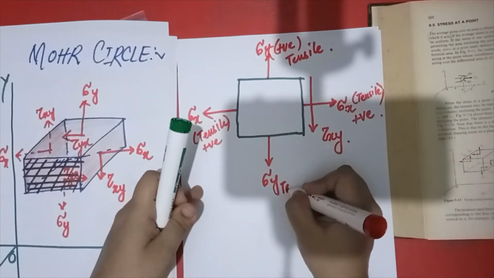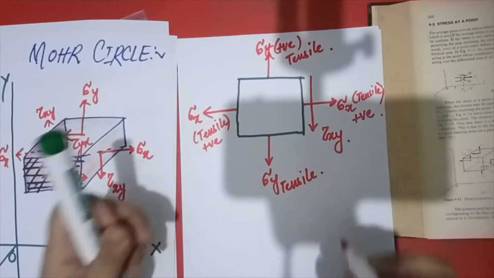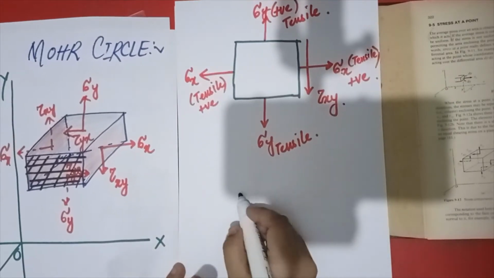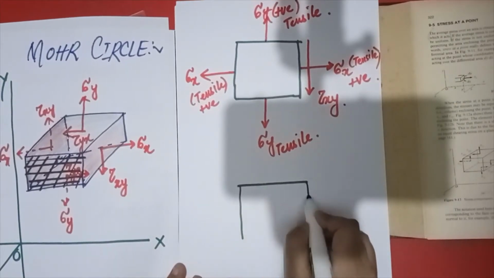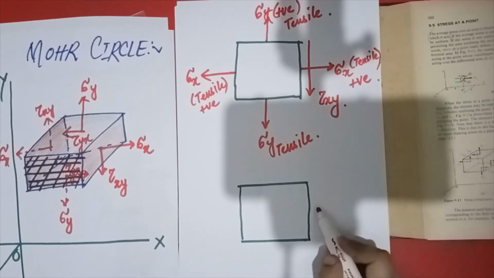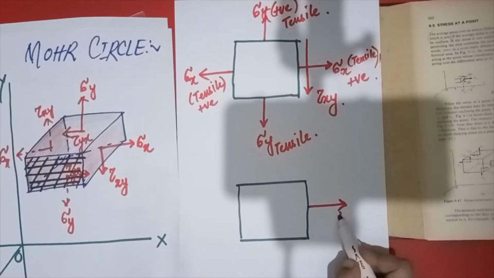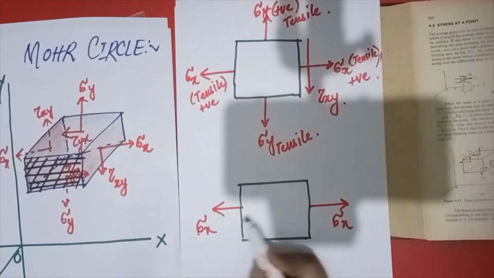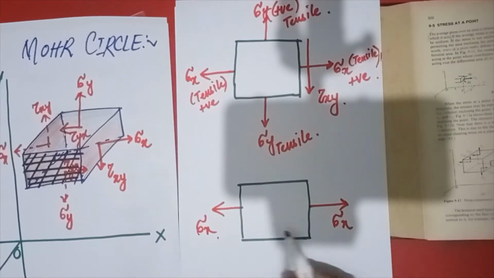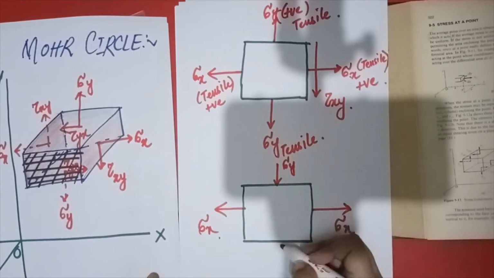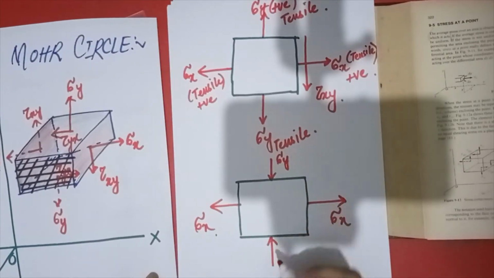I'm just talking about the normal stresses right now. For example, I will draw another front face, and obviously stresses must be acting over there. In that case, for example, sigma x is outward and this sigma x is also outward. And this is sigma y, and if it is inward, this should also be inward.